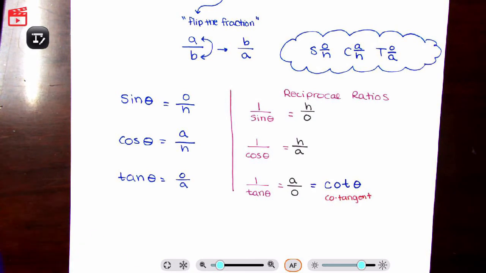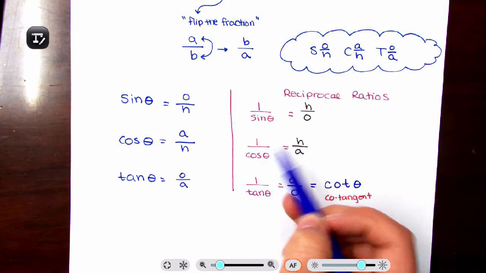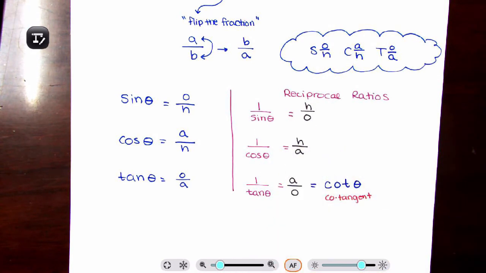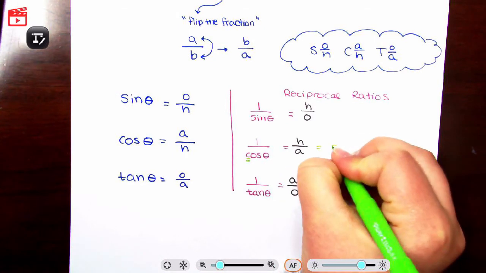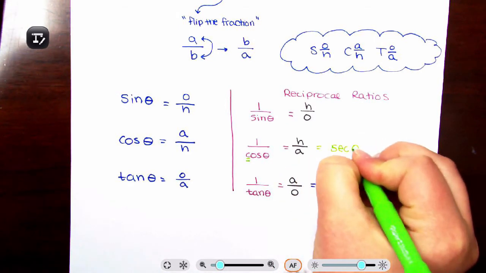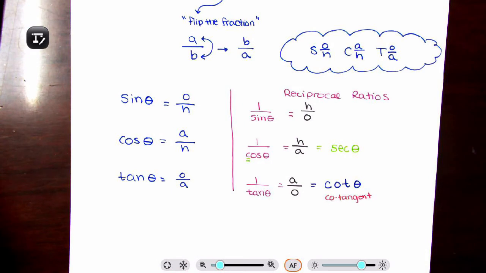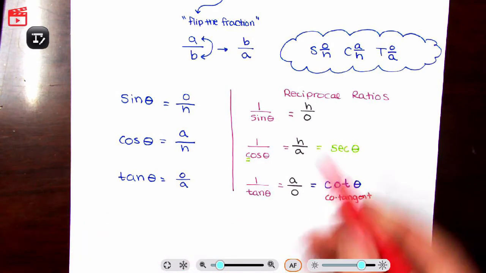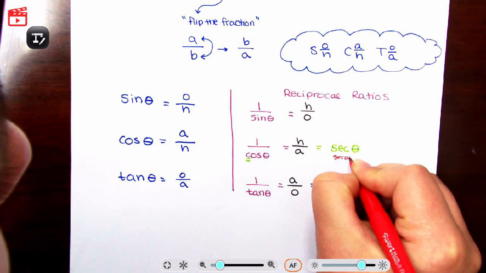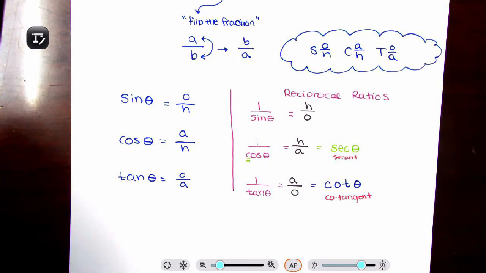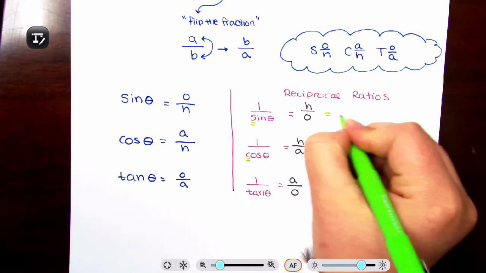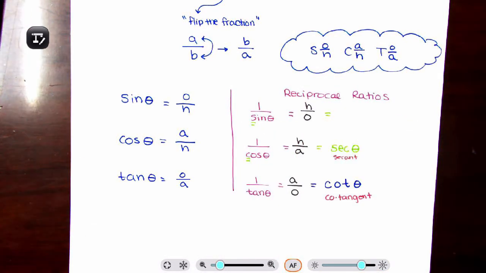Now, sine and cosine have been flipped, right? 1 over sine, 1 over cosine, h over o, h over a. So in my opinion, this is the way that I remember it. If it starts with a C, it goes to an S. So this is SEC of theta, which is pronounced secant. And again, C goes to S, so therefore S goes to C. Let me change color here for you.